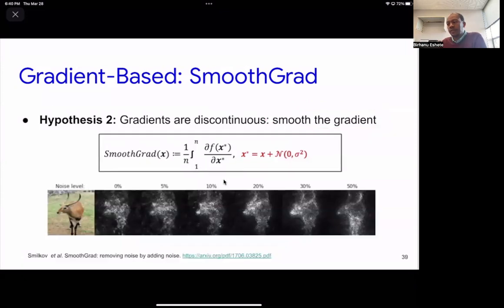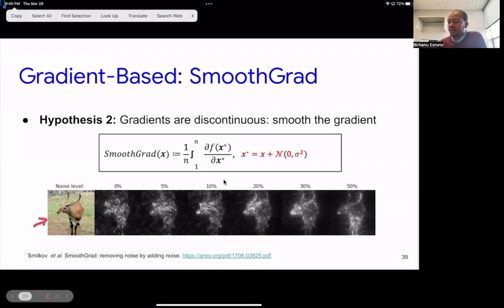In hypothesis 2, to tackle hypothesis 2, or to fix the issue with noisy gradients, when you do the smoothing of the gradients, you would get something along these lines, depending on how much noise you're adding. So you have the original image here, and now you have noise level, right? If there was no noise, you would get what you see over here. And then you incrementally introduce noise.